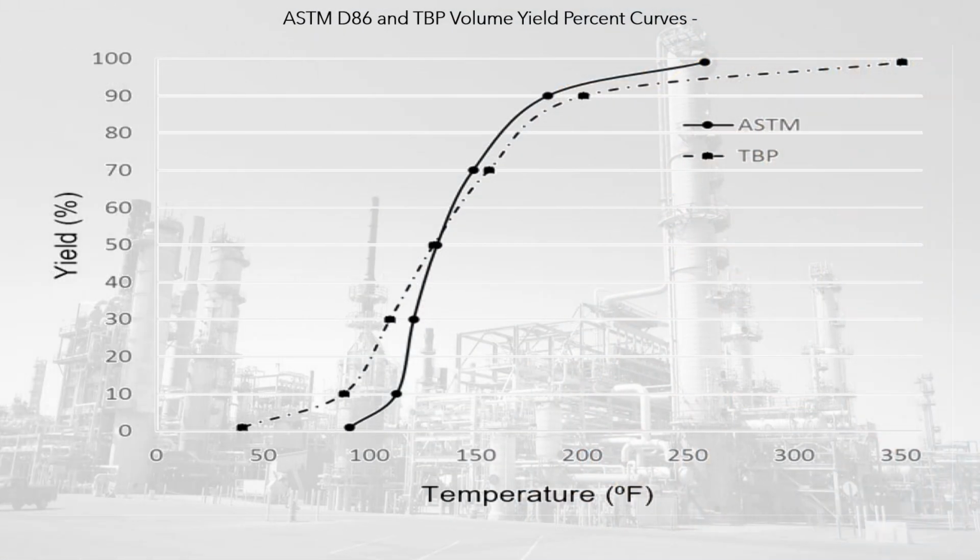The figure shows the ASTM D86 and TBP data from the Colorado School of Mines for a straight-run gasoline stream from a CDU, plotted with volume yield percent as the ordinate. The ASTM D86 and TBP temperatures are near equal at their 50% yield point, whereas D86 yields are underestimated below the 50% yield, and D86 yields are overestimated above the 50% yield.